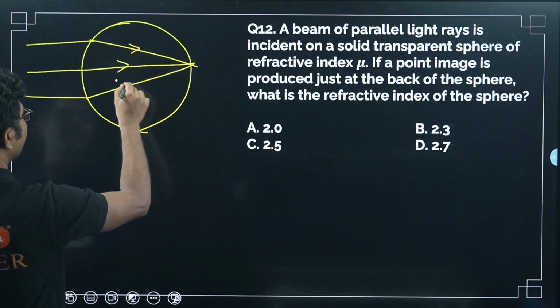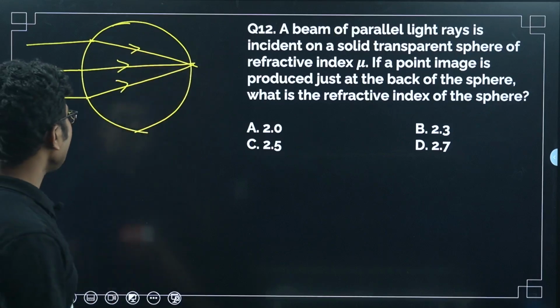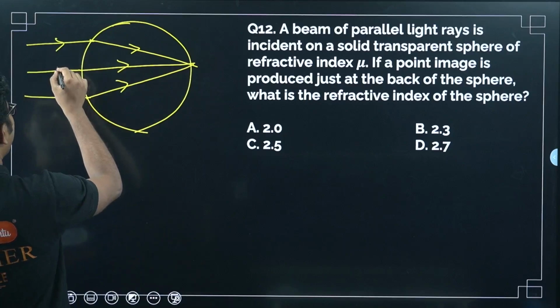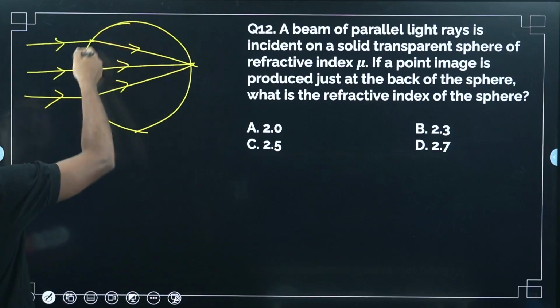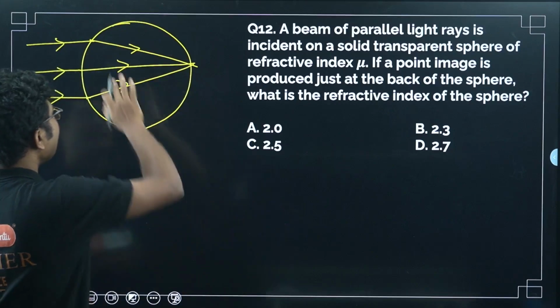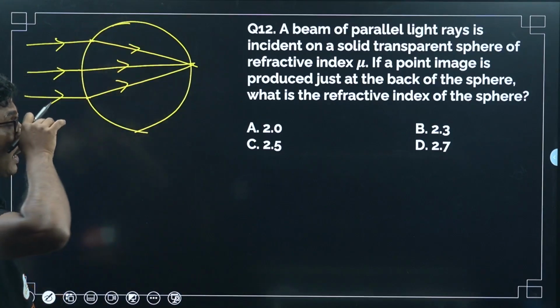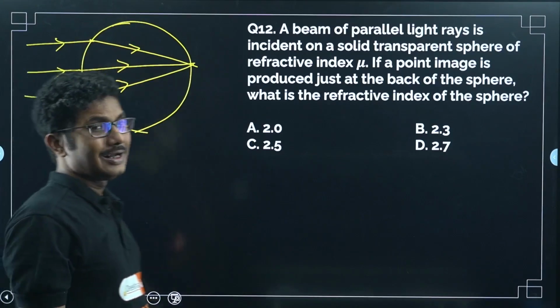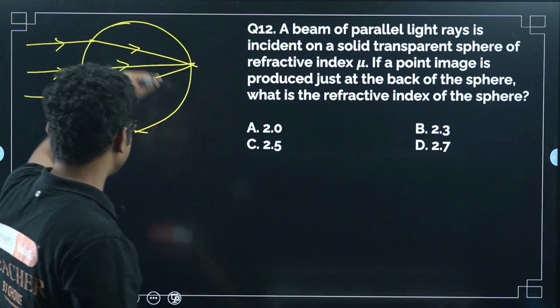In this case, only this surface matters. You can ignore the other surface because everything is happening from this surface only. So you can consider this as the refractive sphere.